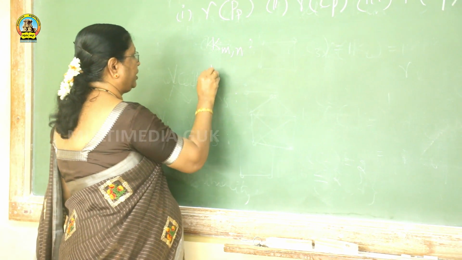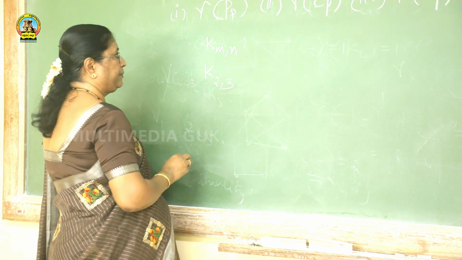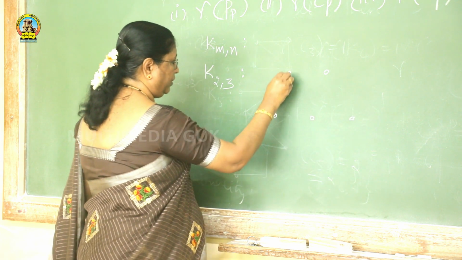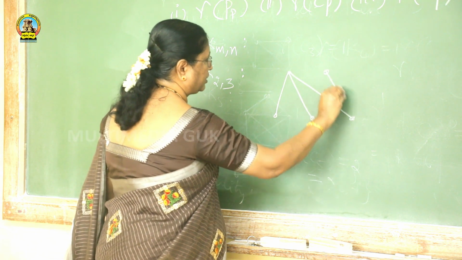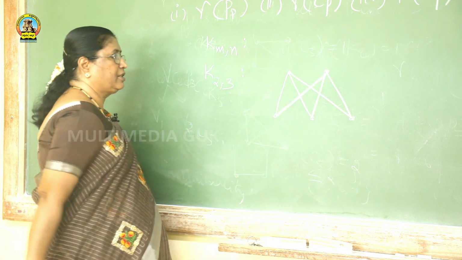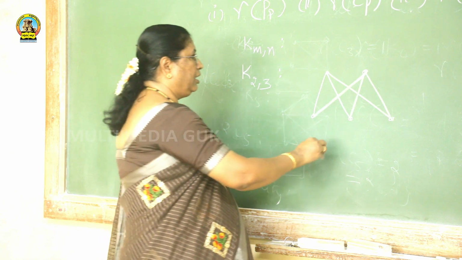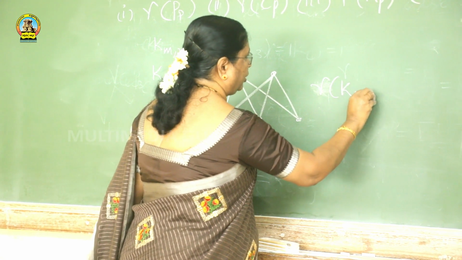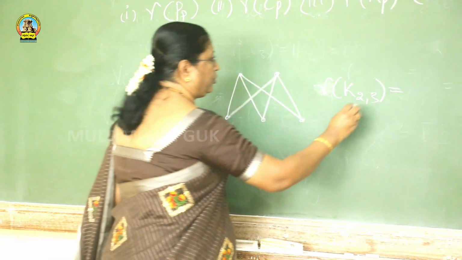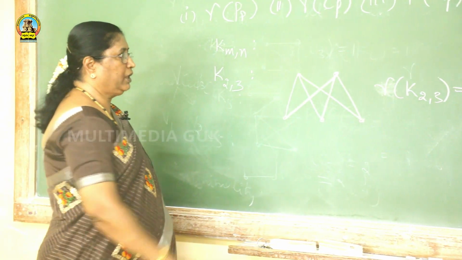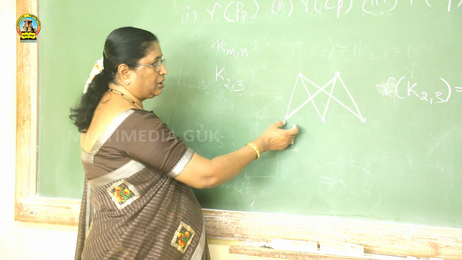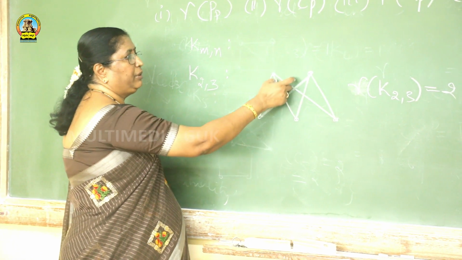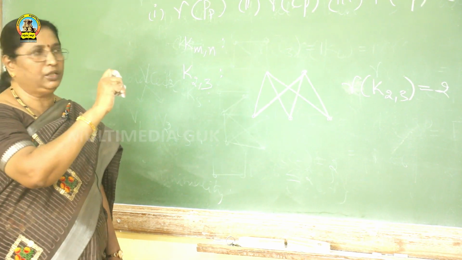For example, the first one is K23. K23 has two vertices on one side and three vertices on the other side. The domination number of K23 is equal to 2, because these two vertices are not adjacent. Of course, the other three are also not mutually adjacent, but we should take the minimum cardinality, therefore choose only two vertices.